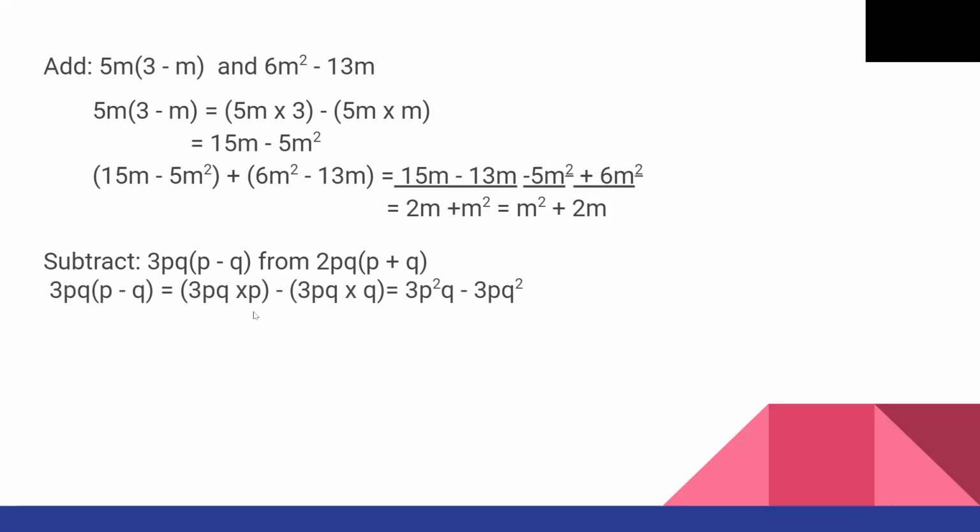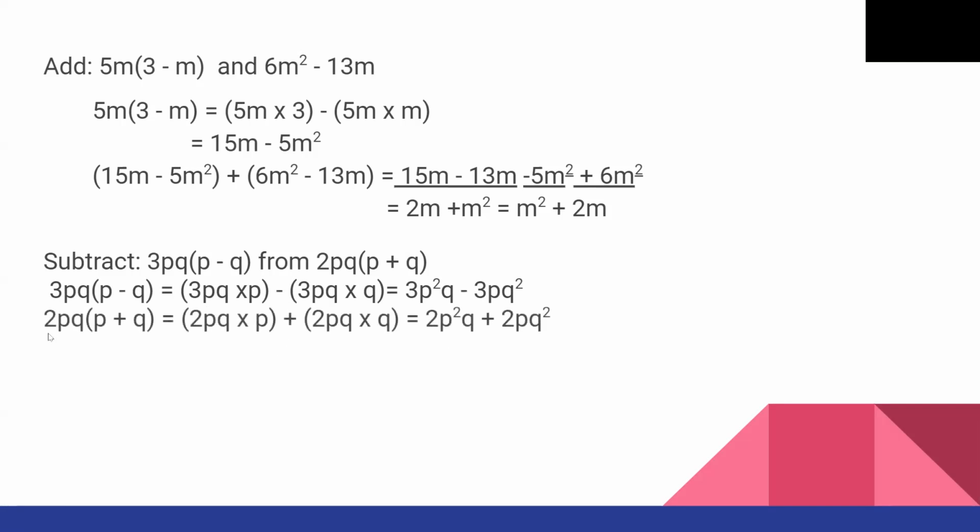So 3pq into p in one bracket minus, now 3pq we have to multiply with the second term q. So 3pq into q. So 3pq into p will become 3p square q minus 3pq into q will become 3pq square.